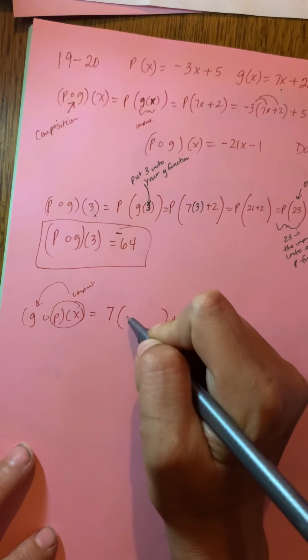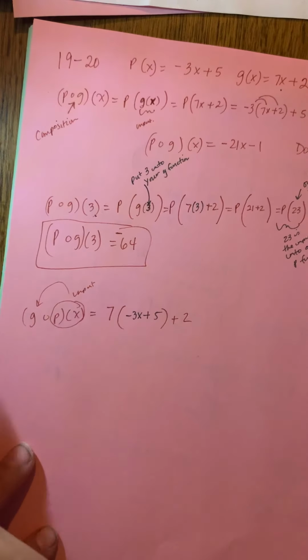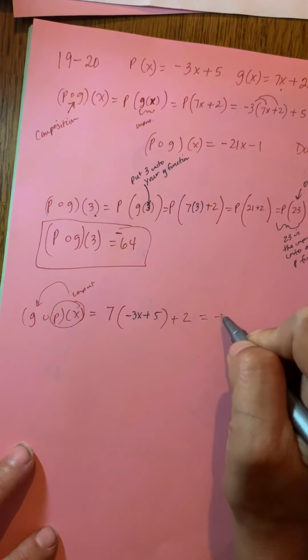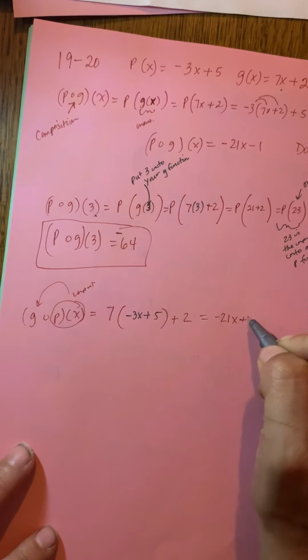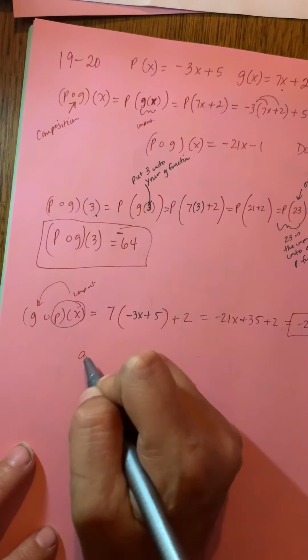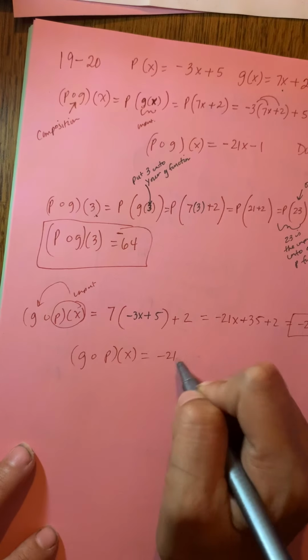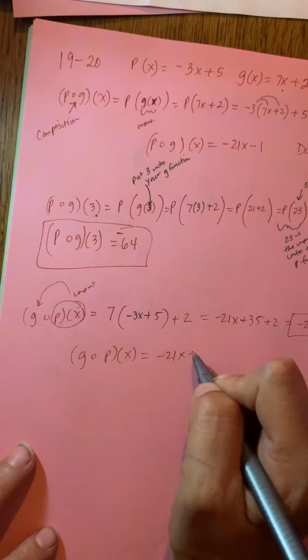So that would be negative 3x plus 5. And now you simply distribute and combine like terms. So you have negative 21x plus 35 plus 2, which gives me negative 21x plus 37. And that's my answer. I'll write it a little bit cleaner. G of P of x equals negative 21x plus 37.